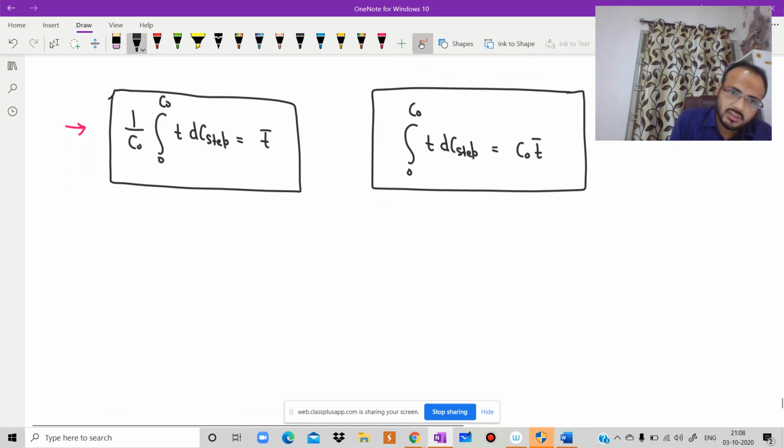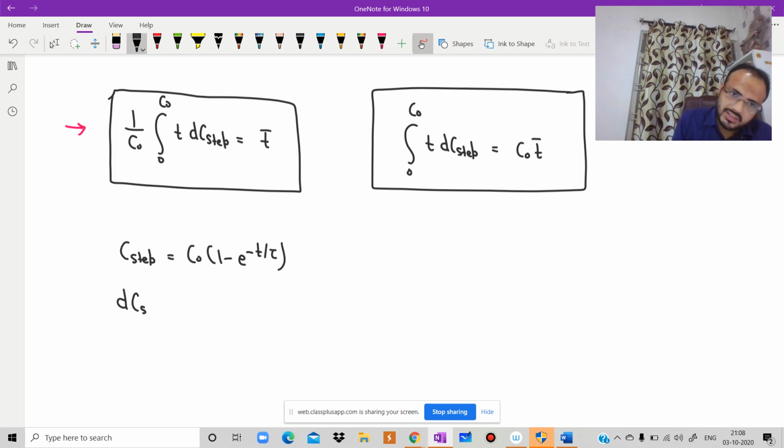So we got C step is equal to C naught into 1 minus e to the power minus t by tau. dC step by dt is equal to C naught times the differentiation of 1, which is 0, minus the differentiation of e to the power x, e to the power x into the differentiation of this one, minus 1 by tau.